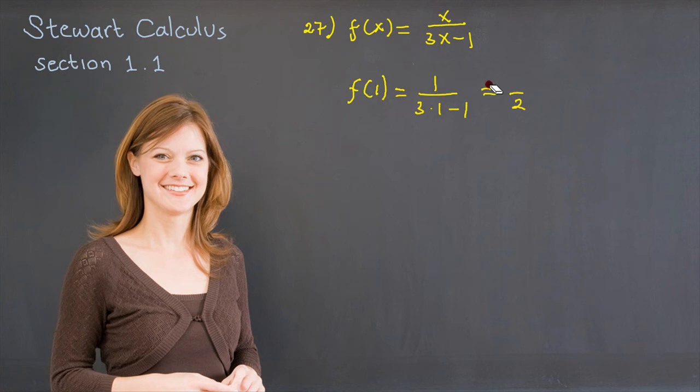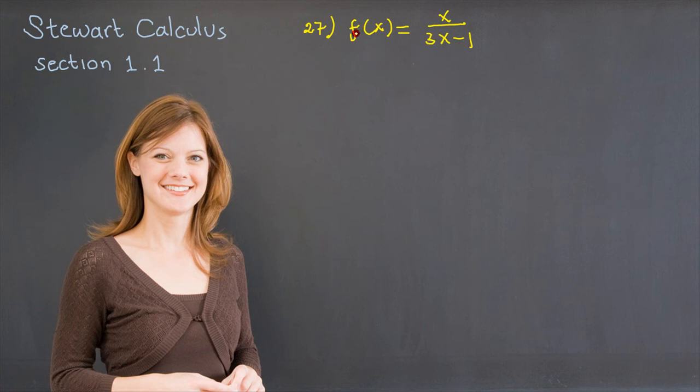Okay, so let's see here. Instead of trying to find all possible inputs such that the output makes sense, we can also try to find for which input the output does not make any sense. As we can see here, it is a fraction, and the only possible way that this fraction doesn't make sense is whenever the denominator is equal to 0.